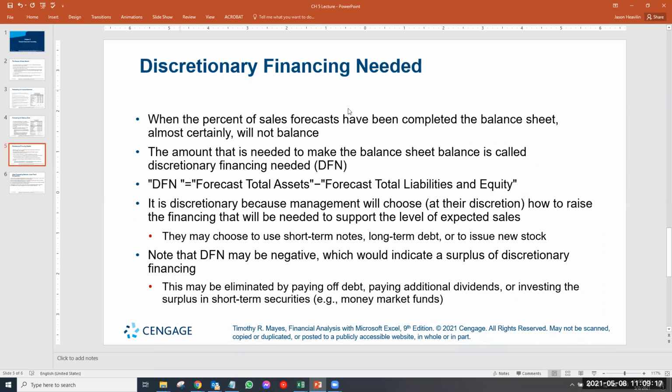So, discretionary financing needed. This is what you work with once you're done with the forecasting part of the assets that deal with the changes in sales. And then you're going to have some financing needed. So if you are short, then you make a decision of, okay, let's sell some more shares or issue more bonds or borrow more money, commercial loans, for example, long-term debt, in order to make the balance sheet balance.